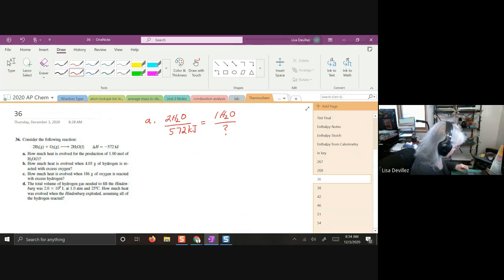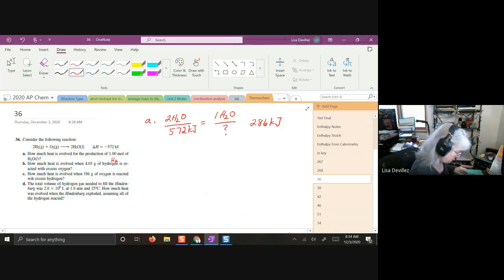So it's just going to be half of 572. So 286 kilojoules.